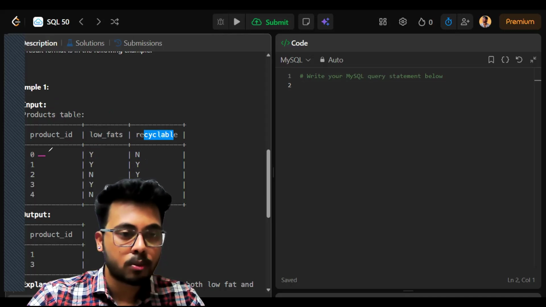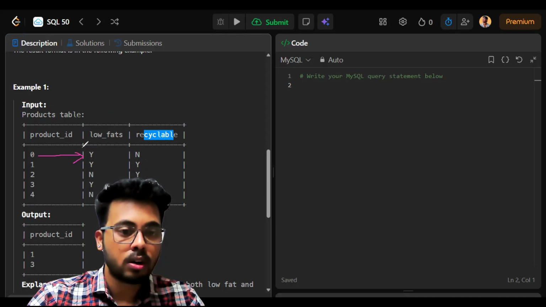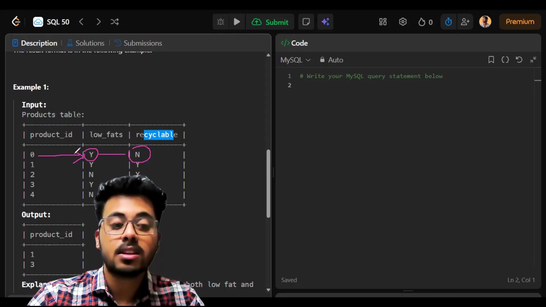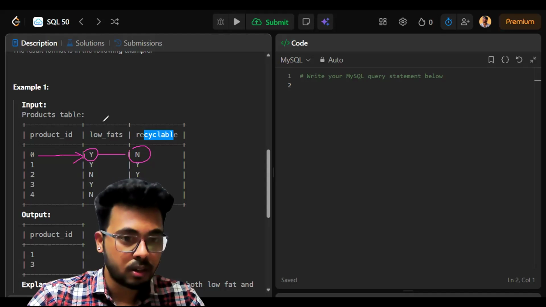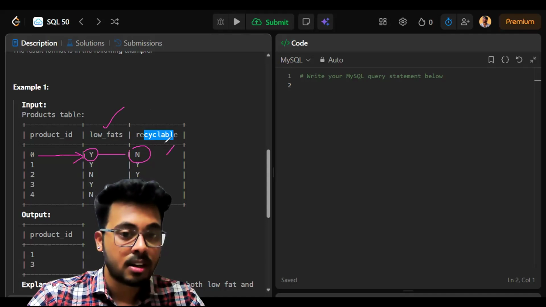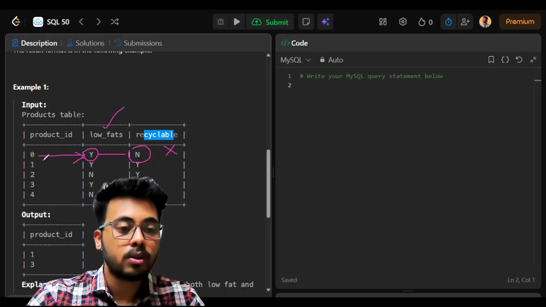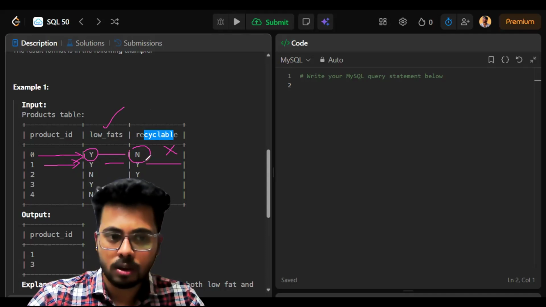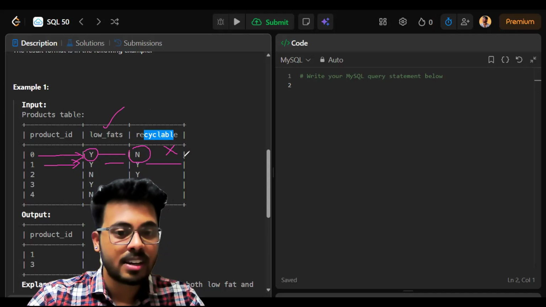If we talk about product_id 0, we got the low_fats value Y, at the same time, recyclable is N. That means the given product is low fat, but it isn't recyclable. So this is not possible. If I talk about the second ID, number 1, this particular product has a low fat status and it's also recyclable. So can we consider 1 as our answer? Yes, we can consider 1 as an output.